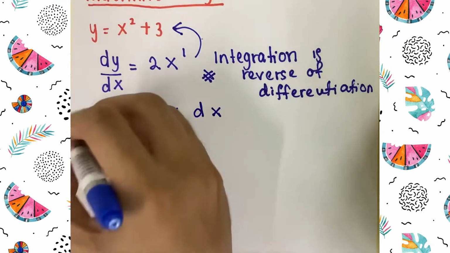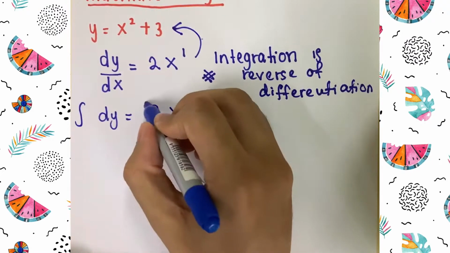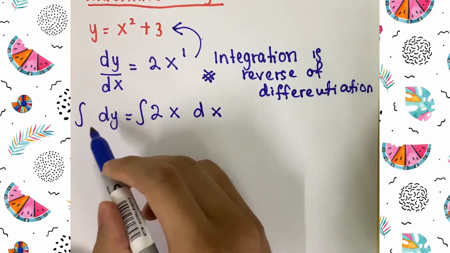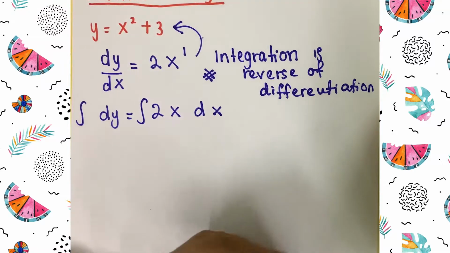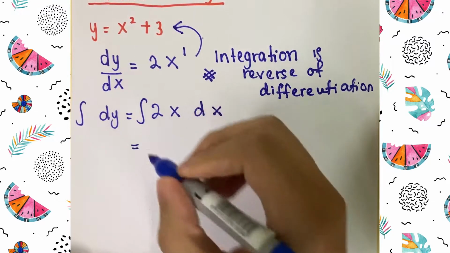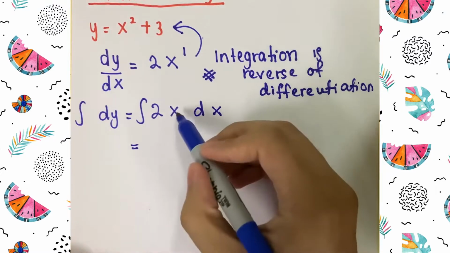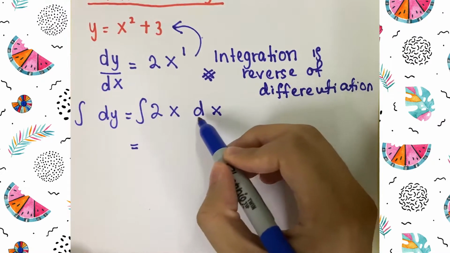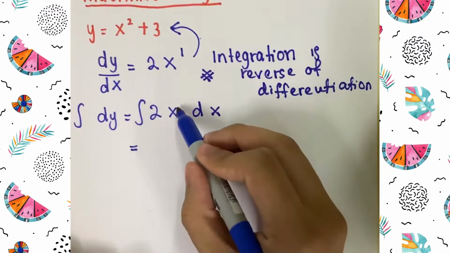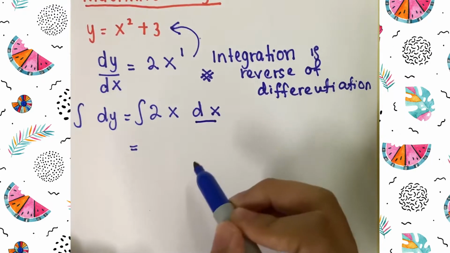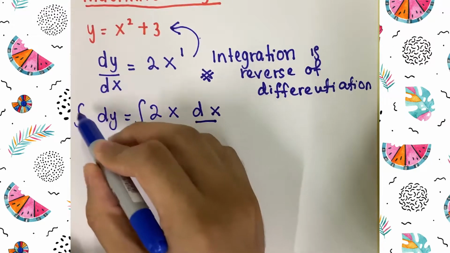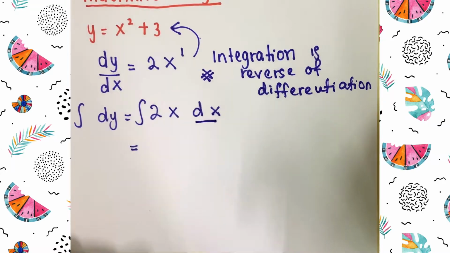And what I'm going to do is I'm going to integrate. This symbol stands for integration. So instead of removing the power, now you are adding the power to the x. So make sure if this is x, this will be dx. If this is y, this is dy.